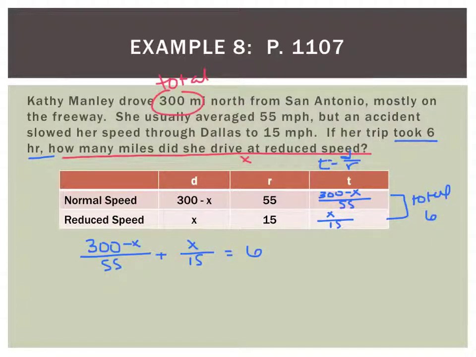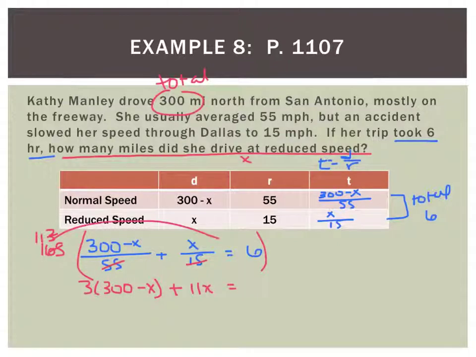Alright, so now I can solve. So a common denominator for 55 and 15 is going to be 165. So 55 goes into 165 3 times. So 3 times 300 minus x plus, and then 15 goes into 165 11 times, so 11 times x, and then 165 times 6.